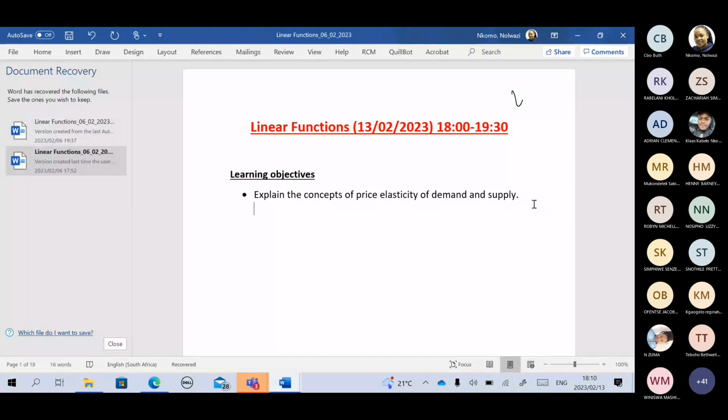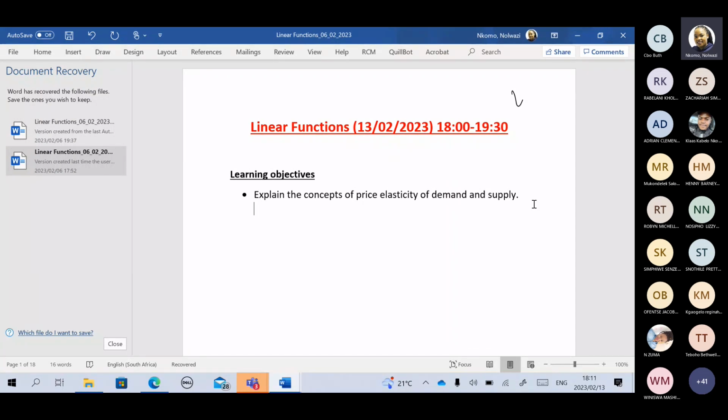You should know how to calculate and interpret the point and arc elasticity of demand and supply. So we're still under demand and supply, but today we are doing price elasticity of both.